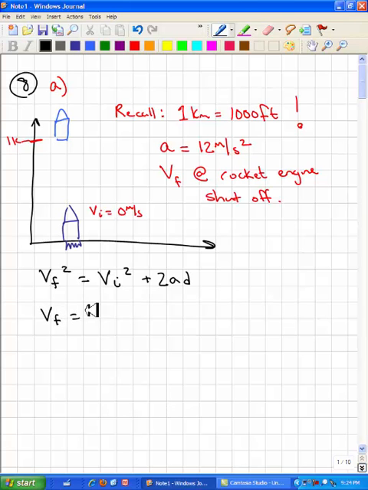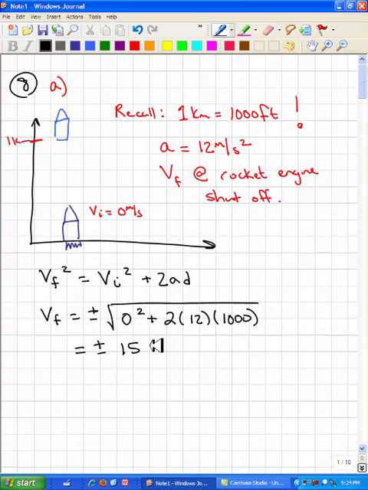V final equals plus minus the square root of 0 squared plus 2 times 12 times 1,000. Alright, that equals plus minus 155 meters per second. Right, remember the rocket is going up, therefore we choose the positive one. And that's it. And that was part A.